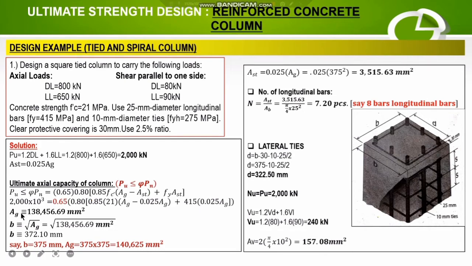So Ag is equal to 138,456.69 mm squared. Since the problem is to design a square tied column, the area is simply side squared, or S times S. So to solve for the side or the cross-sectional dimension of the square tied column, B is equal to the square root of the gross area, Ag.